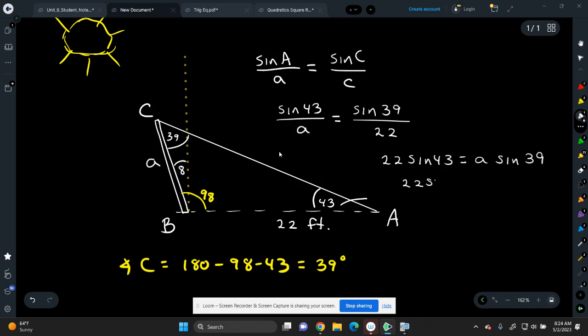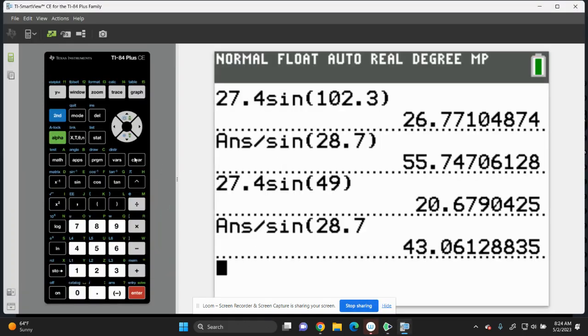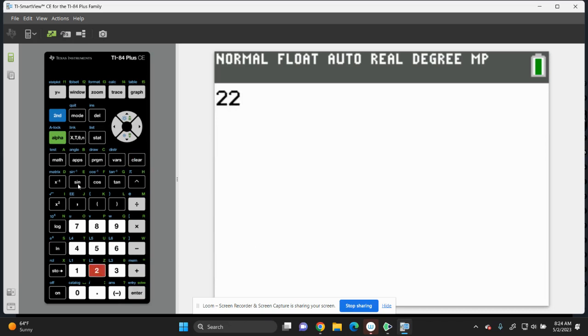So we've got 22 sine 43 divided by sine 39 equals A. Okay, so let's do that on our calculator. 22 sine 43.